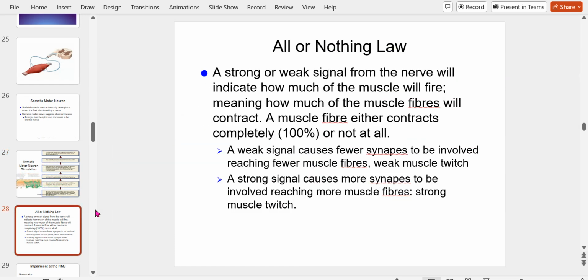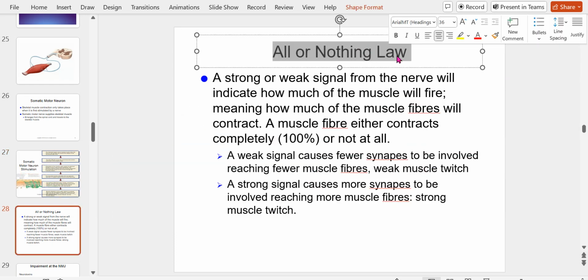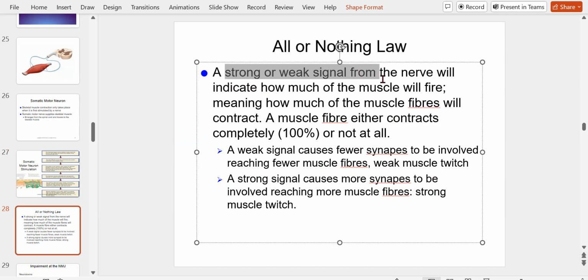The all or nothing rule. A strong or weak signal from a nerve will indicate how much of the muscle will fire. The whole idea there that muscle fibers, they fire 100% or 0. There's no 50%. So you're probably thinking, well, if I have a muscle twitch, the whole muscle isn't firing. That's because the muscle isn't getting enough nerve information. Okay?